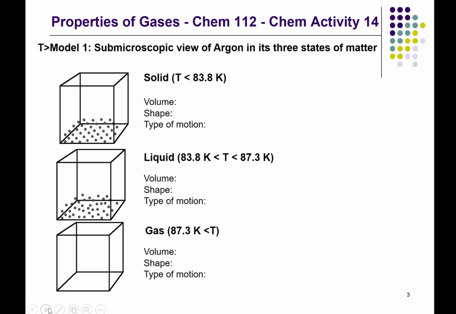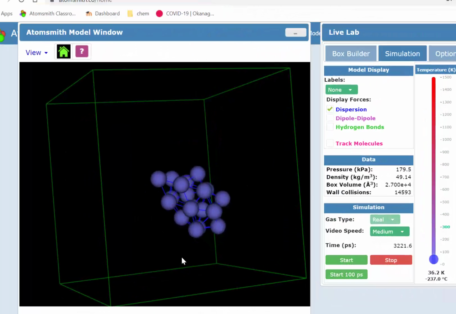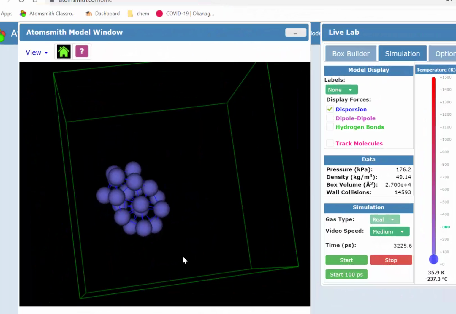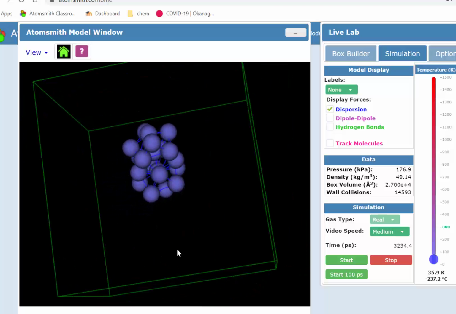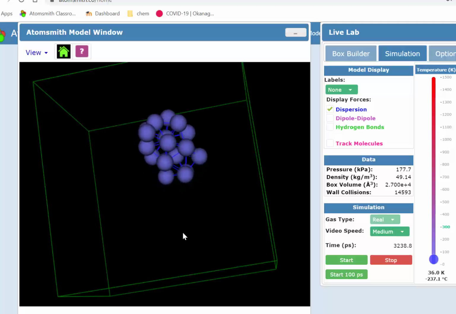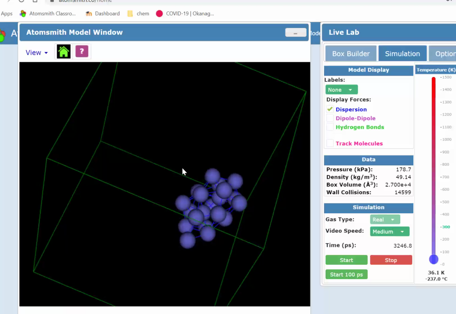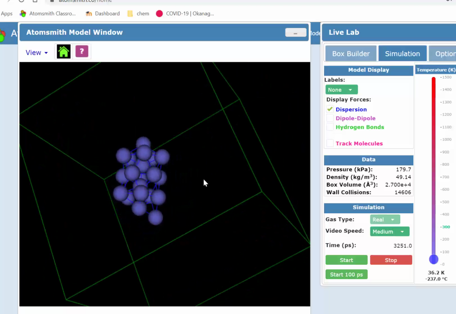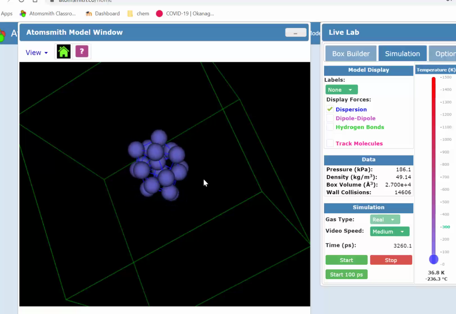So let's look at a little simulation that helps us think about this, and then we'll come back to these notes. So here I have a molecular representation of argon at a temperature of around 36 Kelvin. Now those blue dashed lines that you see are representing the intermolecular forces that are holding the argon particles together.